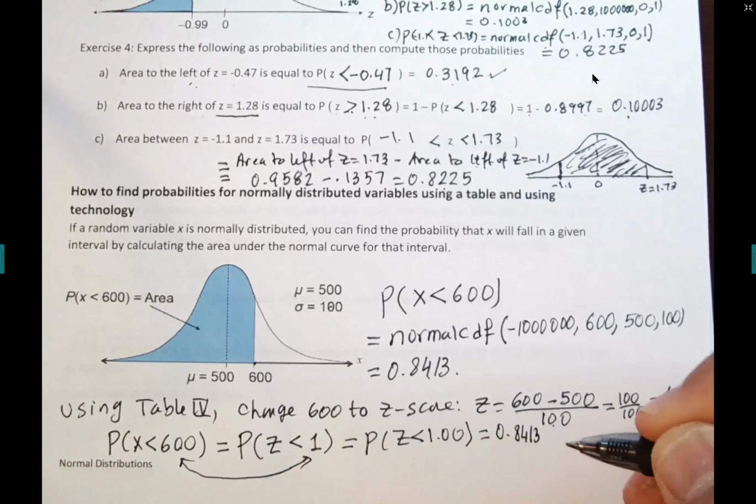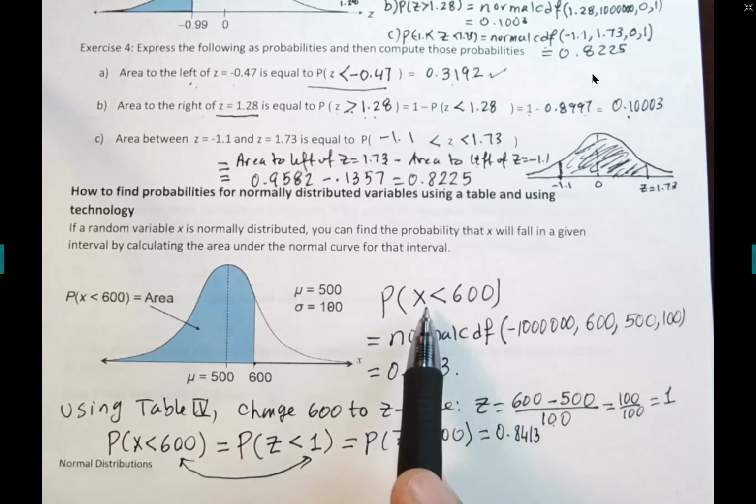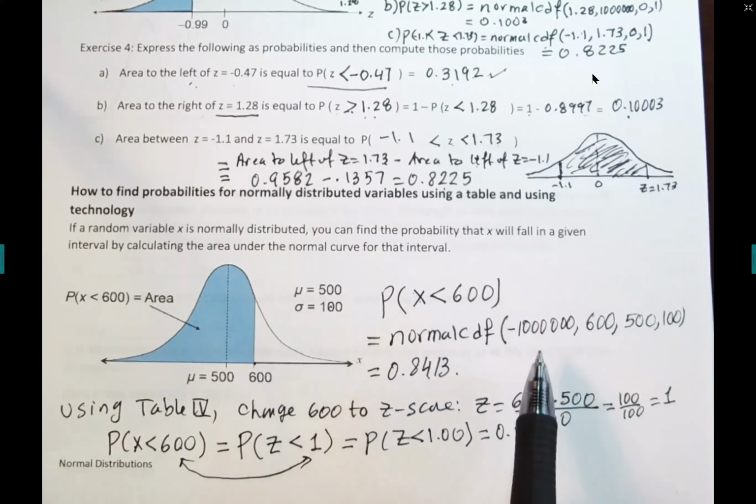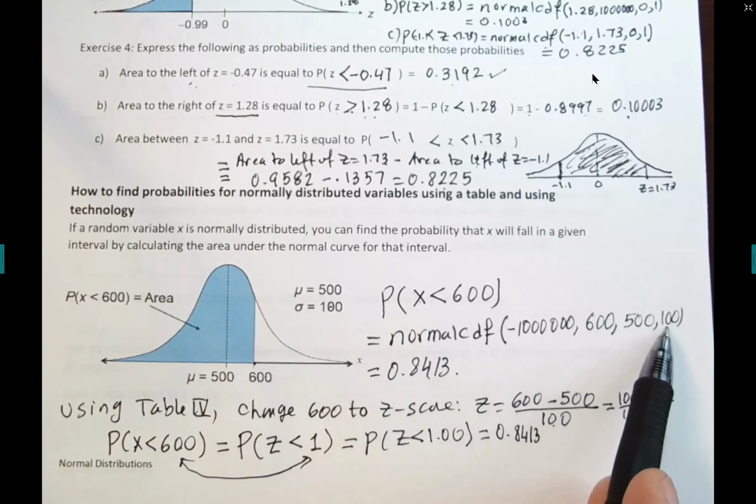Now, will I require you on a test to do it this way? No, you can use the calculator throughout. But remember, if you use X, you must put 500 and 100.